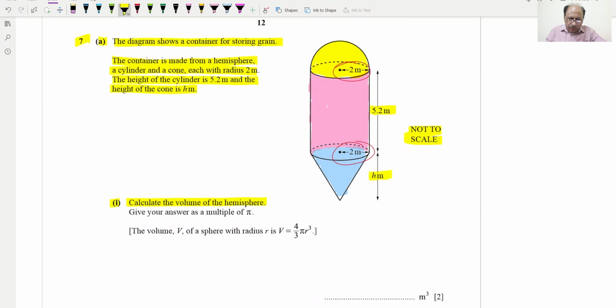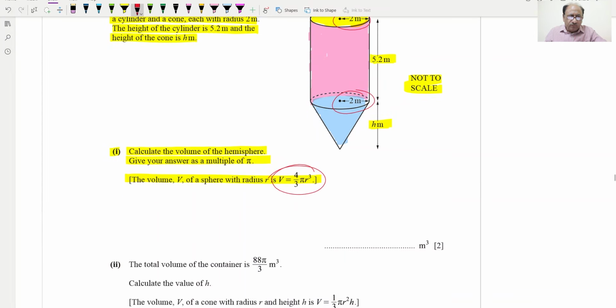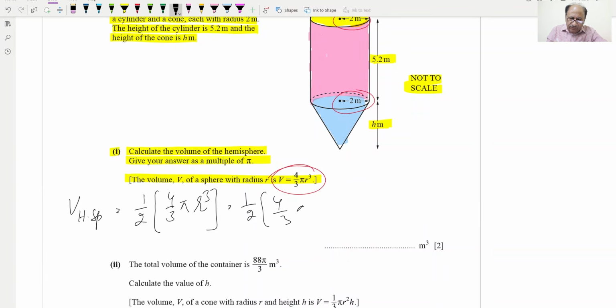Part 1, calculate the volume of the hemisphere. Give your answer as a multiple of pi, and the formula for the sphere they have provided. Keep in mind this is the formula for a sphere, not a hemisphere, so we have to take 1/2 of this. So the volume of the hemisphere will be equal to 1/2 of 4/3 pi r cubed, which is 1/2 into 4/3 pi.